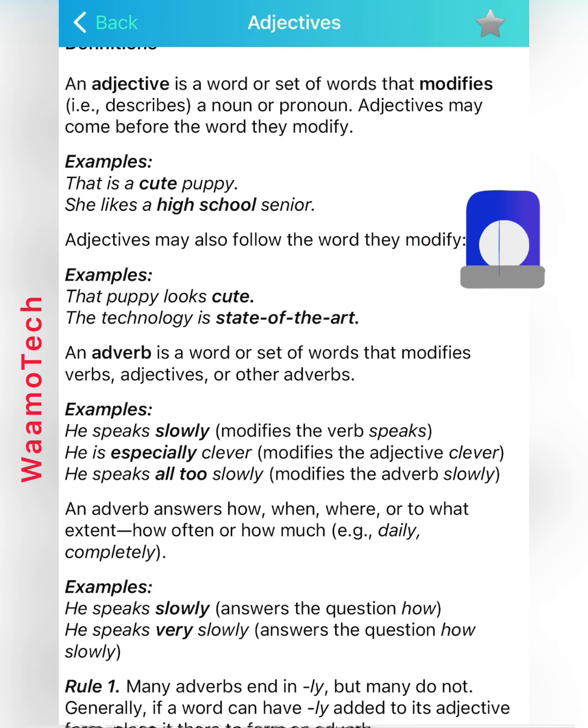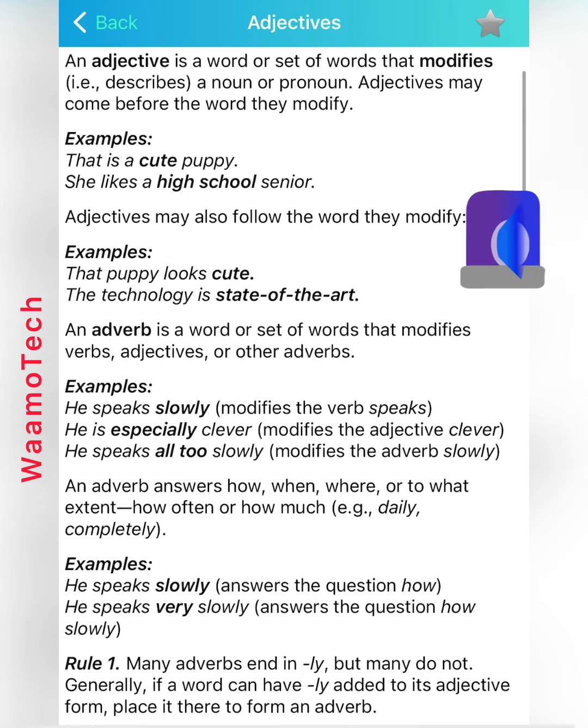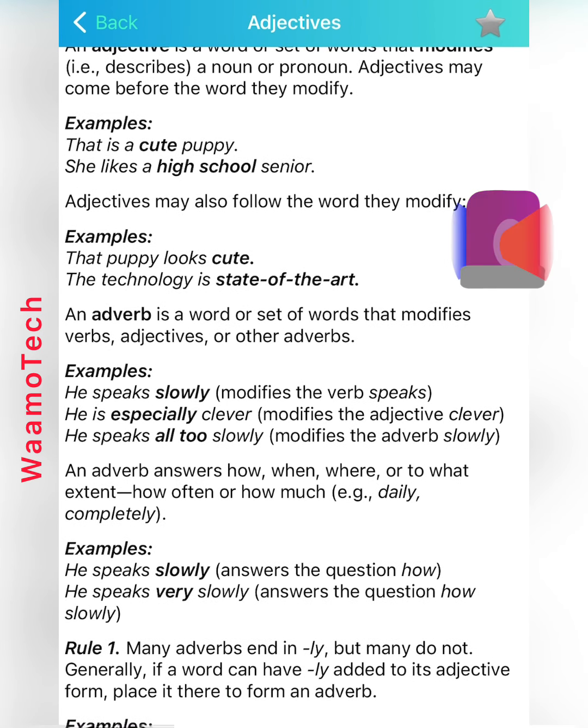But now, how slowly? If we ask, to what extent does he speak slowly? It is all too slowly. It's so much slow. So it's modifying the adverb slowly. So we have an adverb, all too, which is explaining another adverb, slowly.